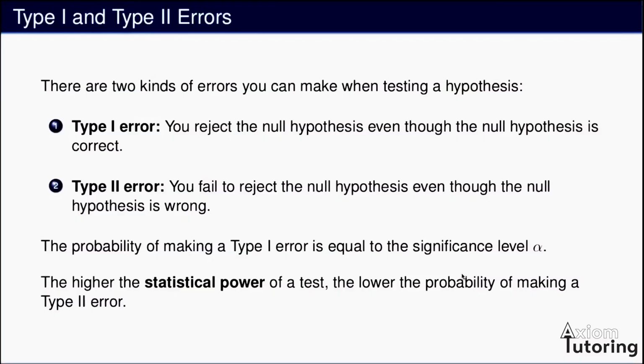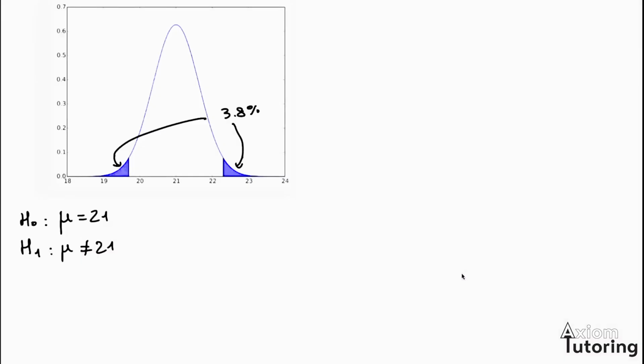So let's start by thinking a little bit more about the type 1 error. What determines the probability of making a type 1 error? Well, if we look back at a previous example where we're looking at the mean age in the population, our null hypothesis was that the mean age was equal to 21, and the alternative hypothesis was just that the mean age was different from 21. In our particular sample, we had found that X bar was equal to 22.3.